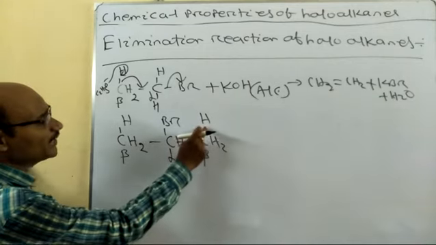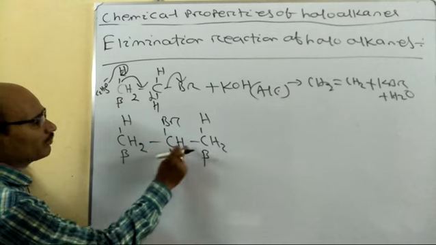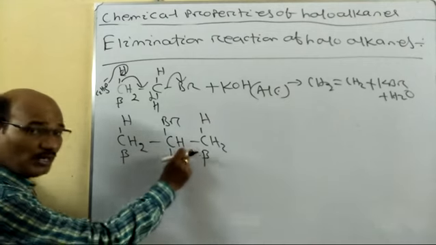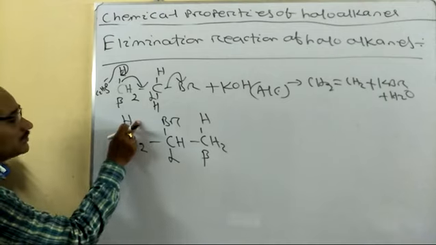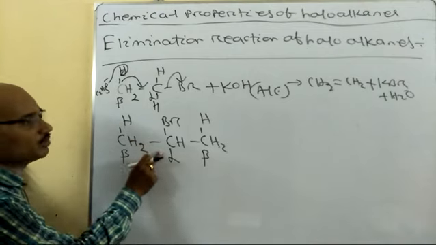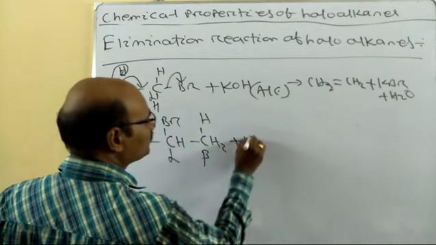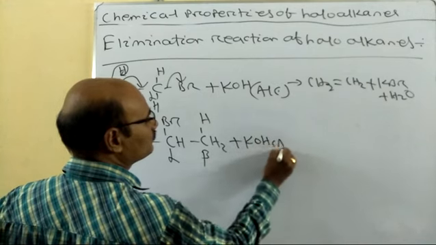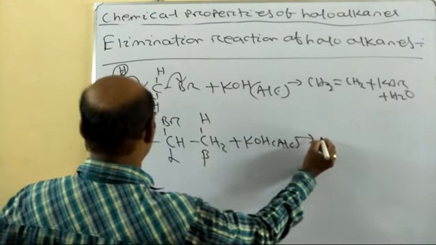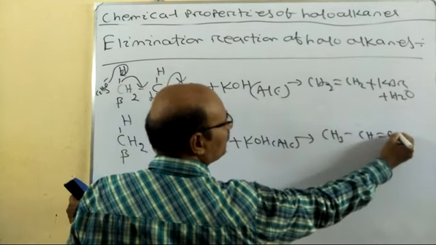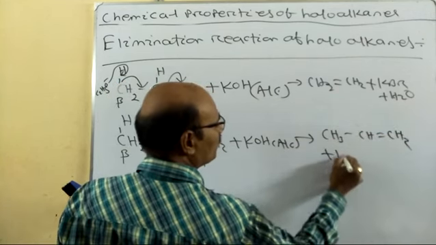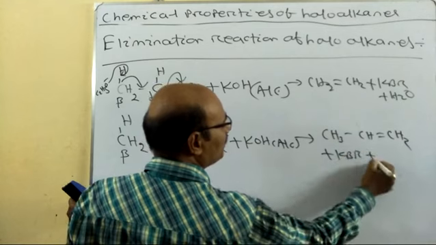If I remove the hydrogen atom from either carbon, I will get propene. So simply I can write plus alcoholic KOH gives CH3CH=CH2 plus KBr plus H2O.